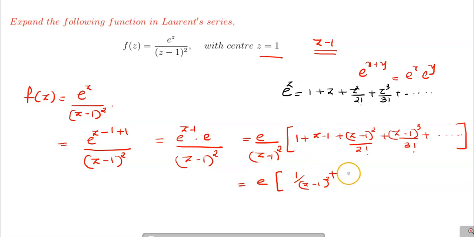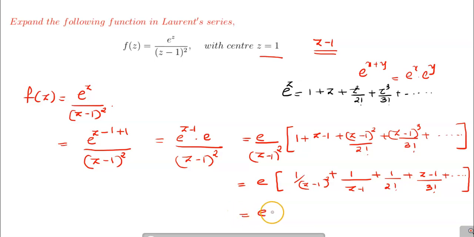One z minus 1 cancels, which is 1 by (z minus 1) plus 1 by 2 factorial plus (z minus 1) divided by 3 factorial plus etc.